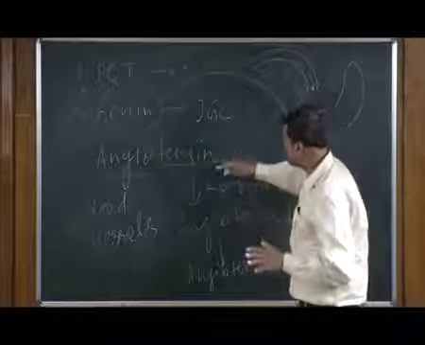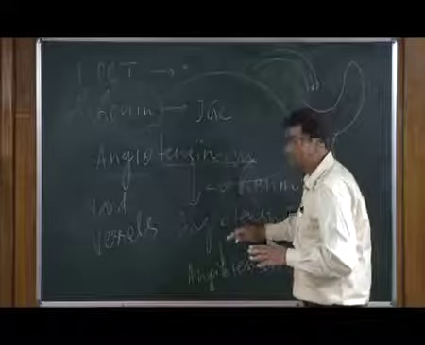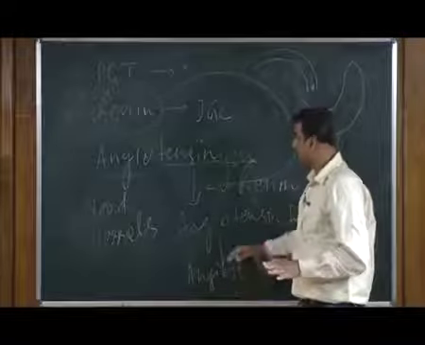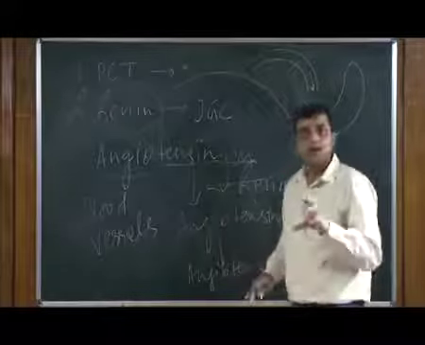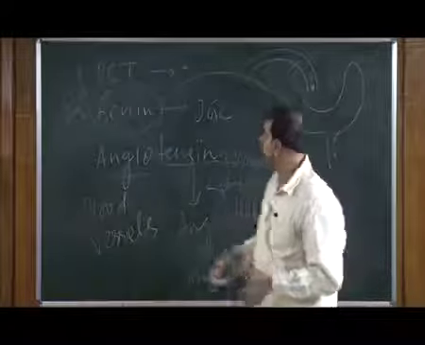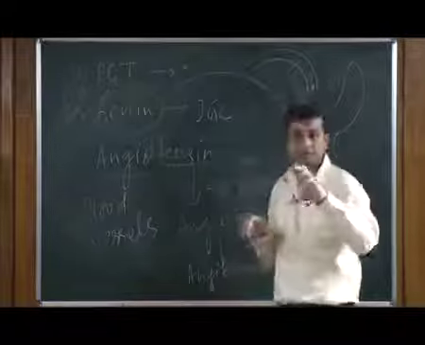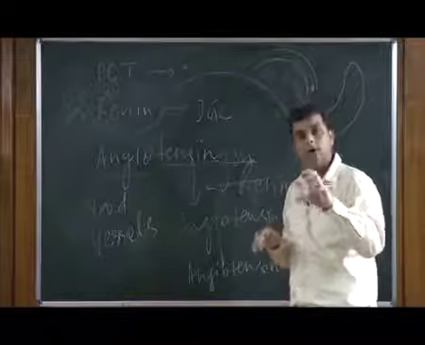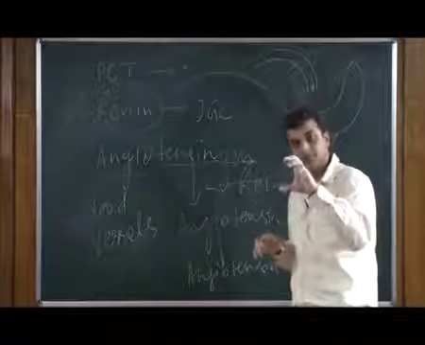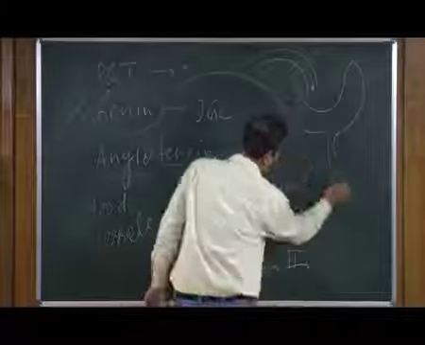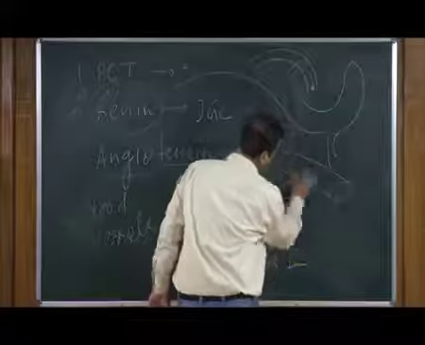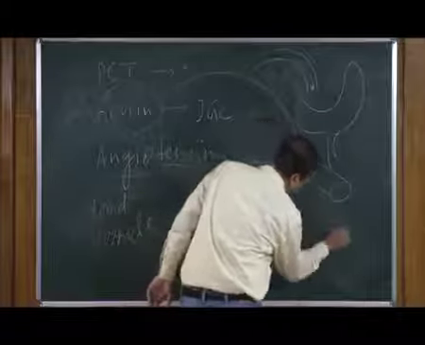Now this angiotensinogen conversion to angiotensin 1 and 2 in the presence of renin is causing vasoconstriction. So the arteriole will undergo vasoconstriction. Because of constriction, what will happen? Suppose you have a blood vessel like this, it will constrict.